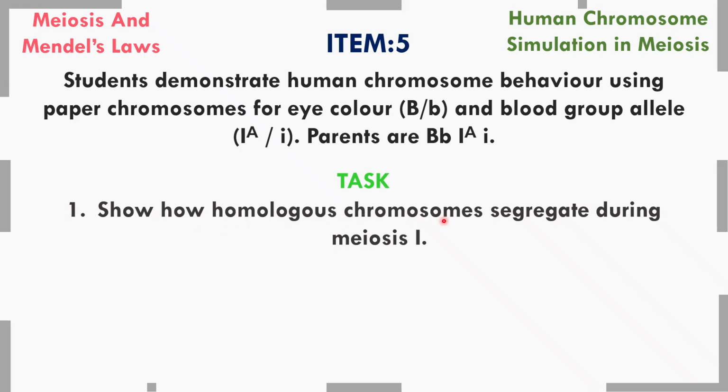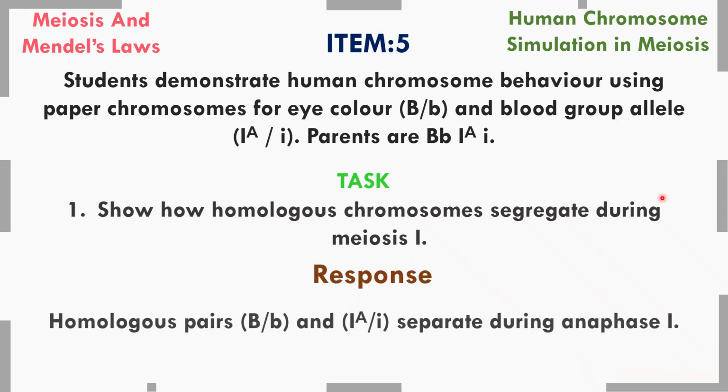Show how homologous chromosomes segregate during meiosis. The homologous pairs, Bb and IAi, separate during anaphase 1.